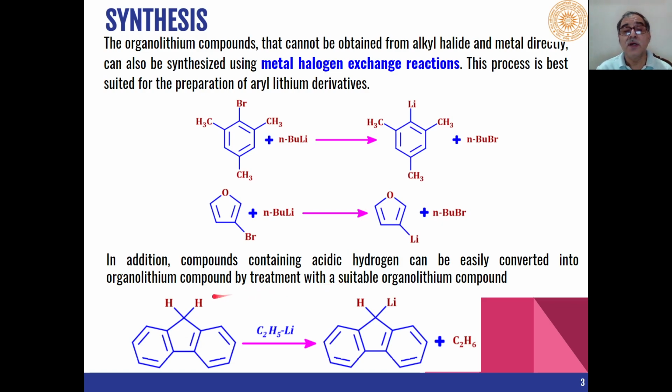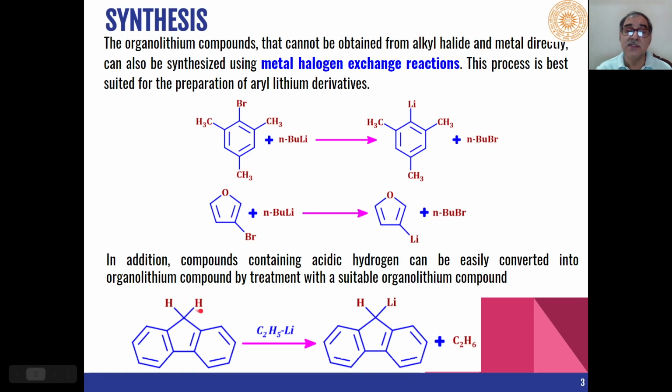In addition, for the compounds which contain acidic hydrogens, like this fluorene, these protons, because of the presence of these benzene rings, which are electron withdrawing in nature, can be easily removed, and that is why these protons are called acidic hydrogens.